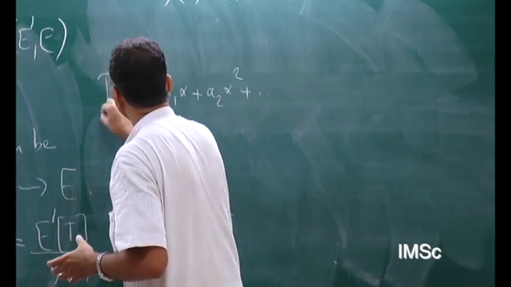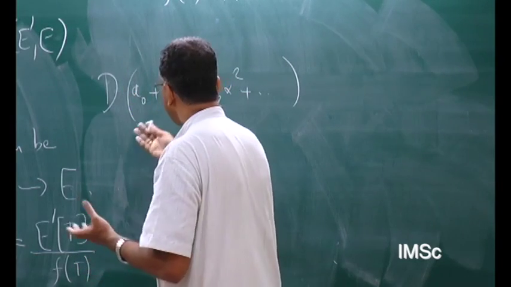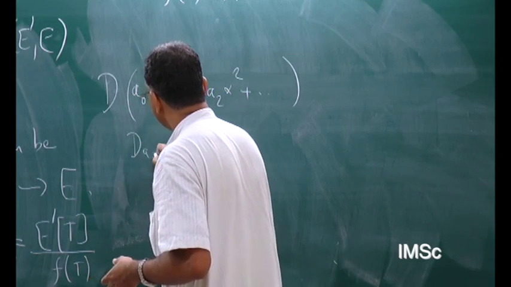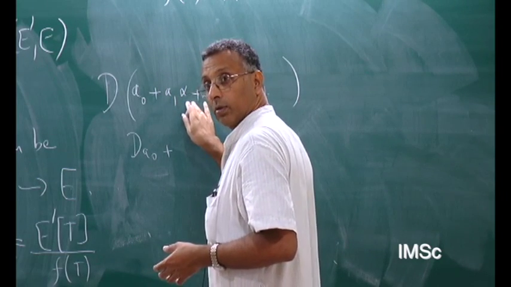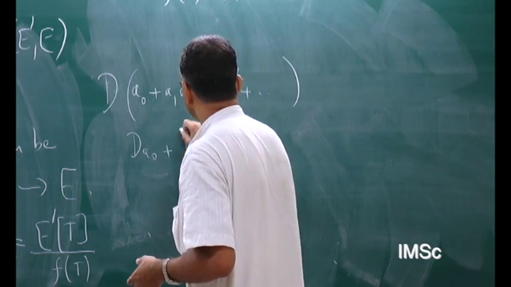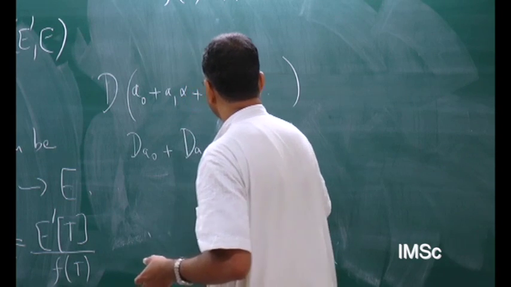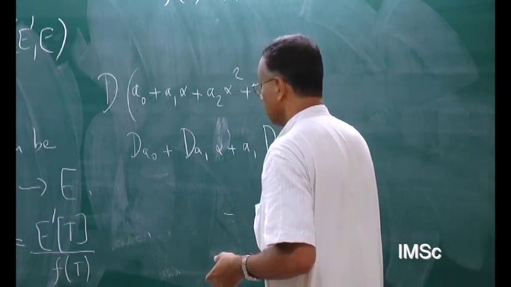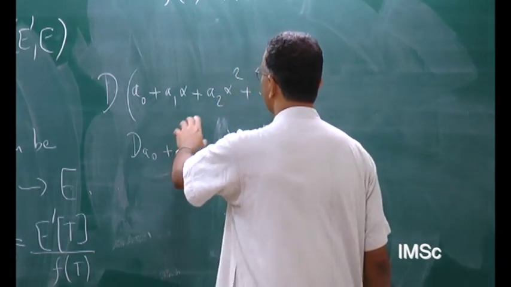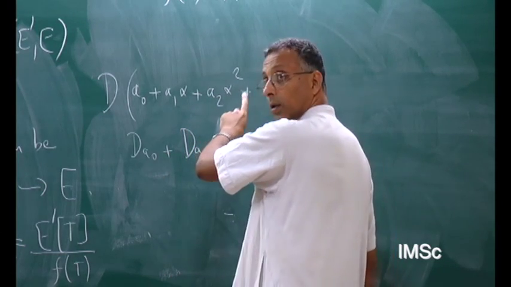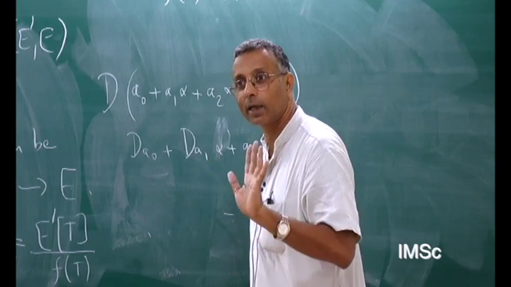If I am going to apply some derivation to it, how is it going to look? It's going to look like dA naught plus dA1 applied to alpha plus A1 d alpha, and so on. In other words, if I know how it's going to act on alpha, I am done, right?